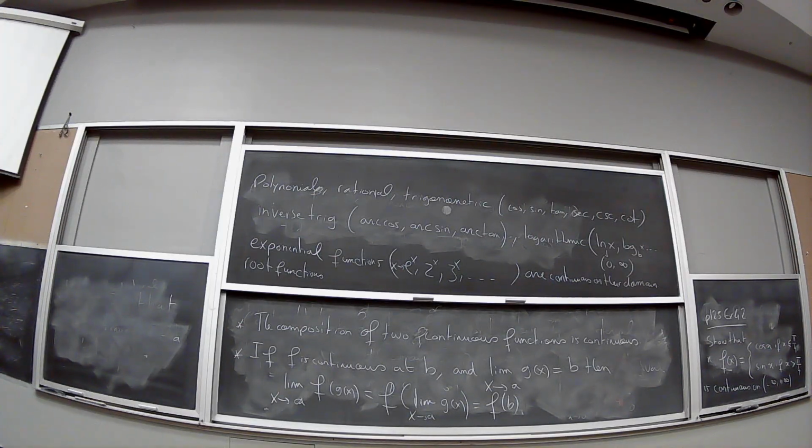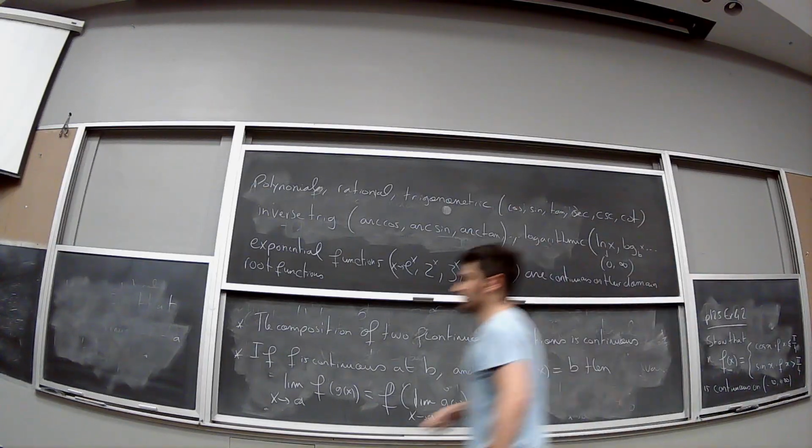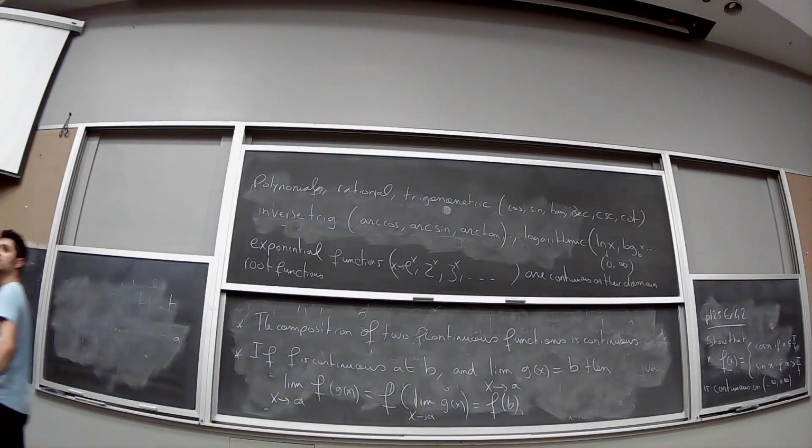Now, this function is continuous everywhere except possibly at one point. What is that one point? 5/4. We all agree, right? Now, if you have a question like that on an exam, this is how you should proceed, and this is how you should write.